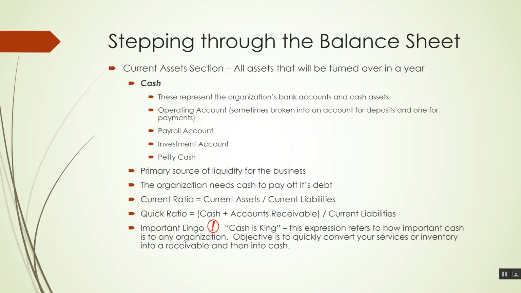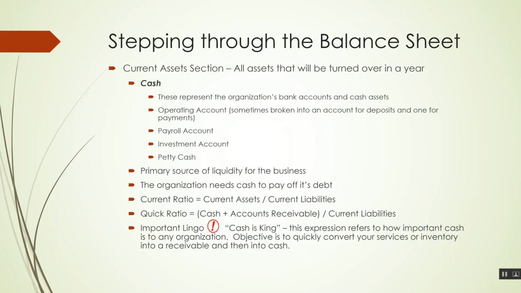The cash is going to represent, just like in your personal finances, a bank account. With your personal financing, you'll typically have a checking account and a savings account. So very similar principles as it relates to corporate cash.